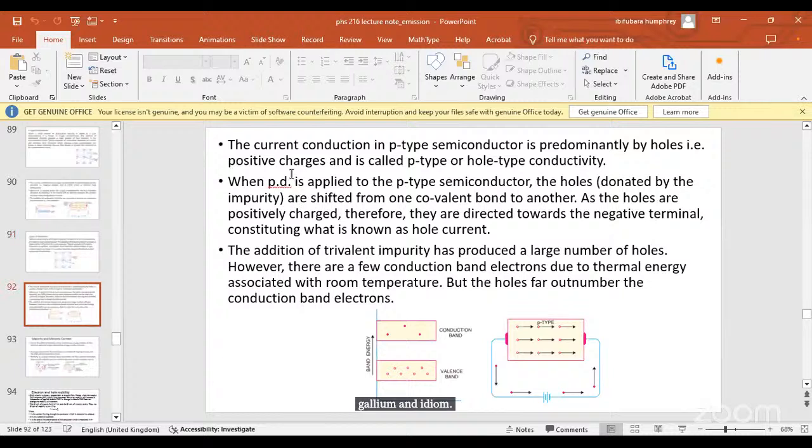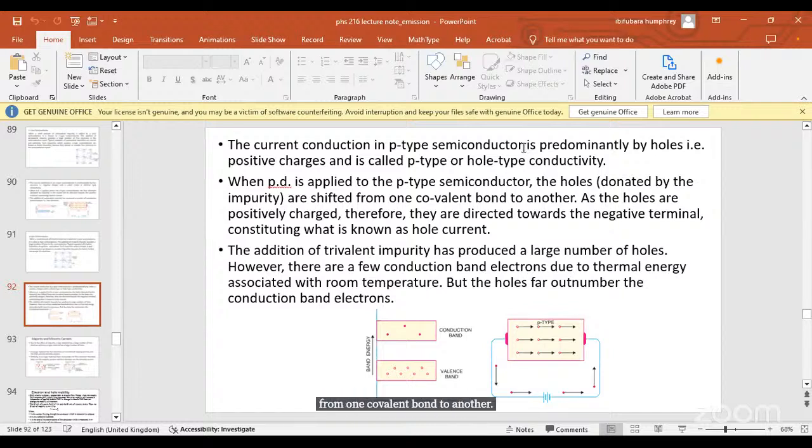The current conduction in P-type is predominantly by holes. That is, the majority charge carriers in P-type are holes, and the minority charge carriers in P-type are electrons. When a potential difference is applied to the P-type semiconductor, the holes donated by the impurity are shifted from one covalent bond to another.